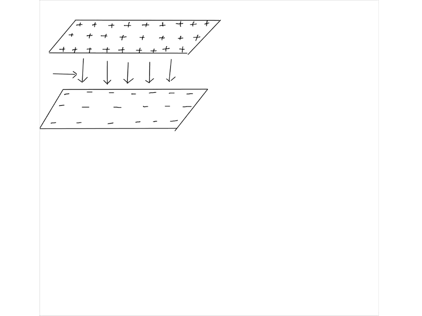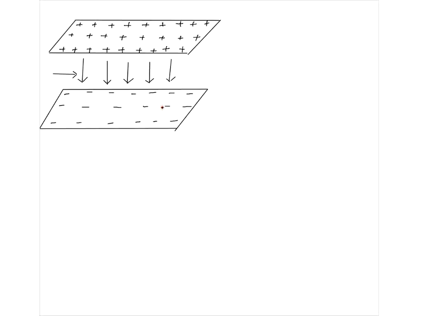So what happens to the bullet? The bullet follows the path of a type of parabola and then hits the surface of the earth. Here it will hit the surface of the plate, one plate of the capacitor, like that, bang.